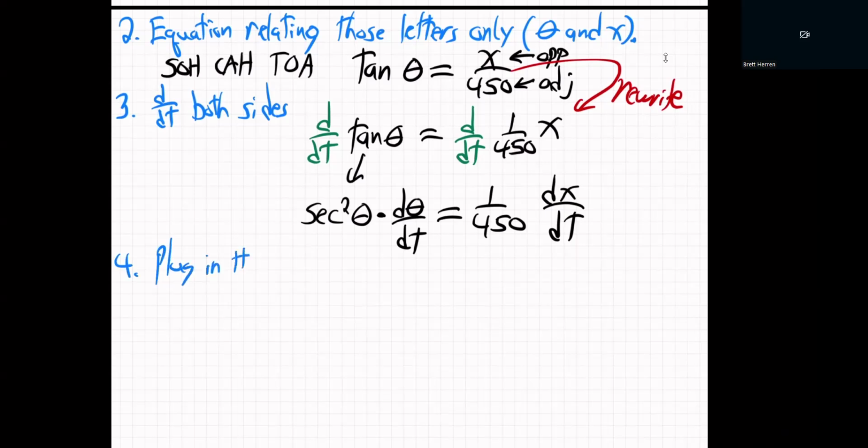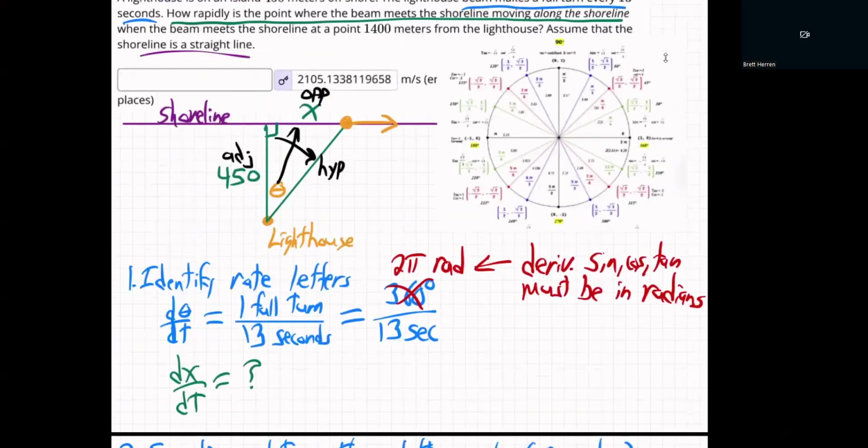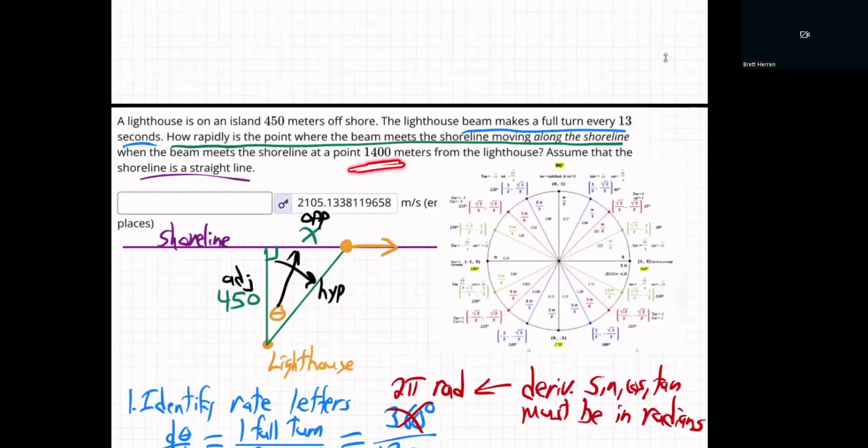plug in the numbers. Now, what numbers? Well, whatever theta is, whatever d theta dt is, and we're trying to find dx dt, right? So do I know theta? No, they never told me theta, did they? What other numbers did they give me? This right here: how rapidly is the point where the beam meets the shoreline moving along the shoreline, when the beam meets the shoreline at a point 1,400 meters from the lighthouse.